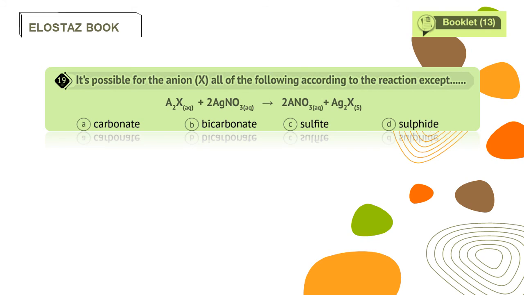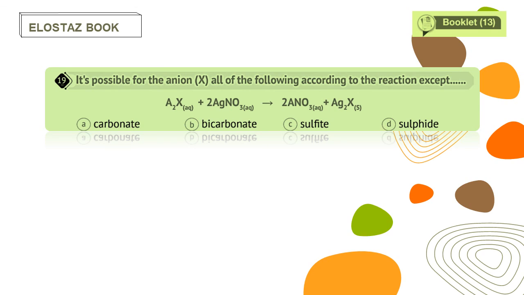From all of these we have carbonate, CO3 -2, and here X will be with a divalent radical. We have A2X, divalent, giving the cation A.